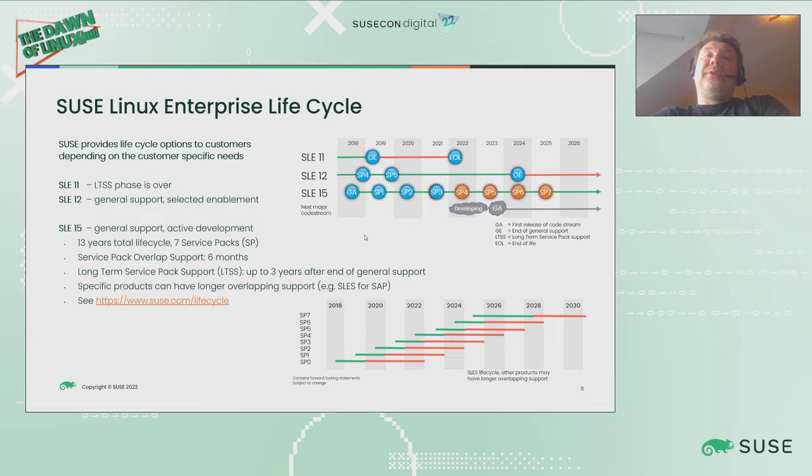And how exactly you can subscribe for that, and for which products it's applicable, please check on the SUSE.com/lifecycle page, where you will find all the details of those different phases of the supported service packs.